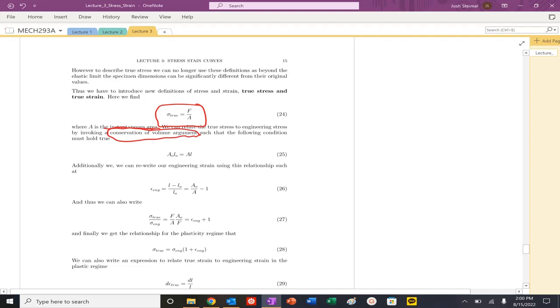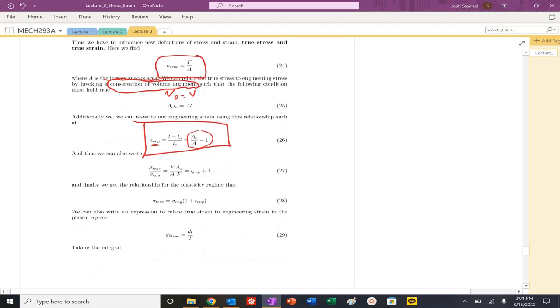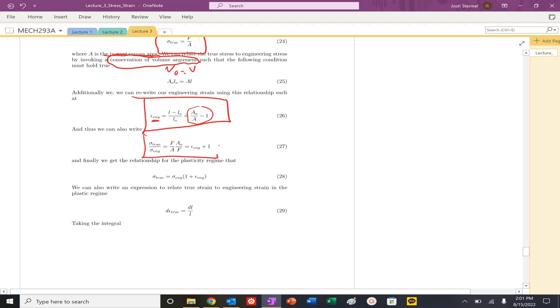But we can develop a relationship by invoking a conservation of volume argument. This is a very common argument to make. As we stress our material, the original area times the original length, the volume V naught, must be equal to my instantaneous volume. I'm not creating or destroying matter. We can use this relationship to rewrite our definition of engineering strain, relate it to this A naught, and with some more math, write out this relationship.